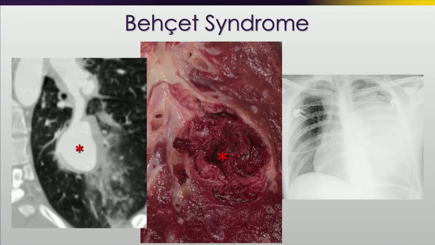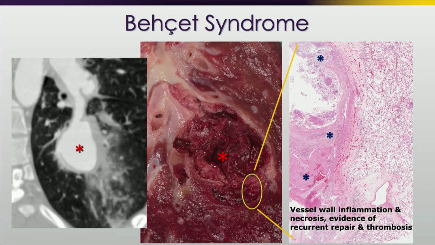Unfortunately, within a few weeks of admission, this patient died of massive exsanguination into his left hemithorax related to rupture of this large left lower lobe pulmonary artery aneurysm, which we can see here on the gross autopsy specimen in the center of the slide.